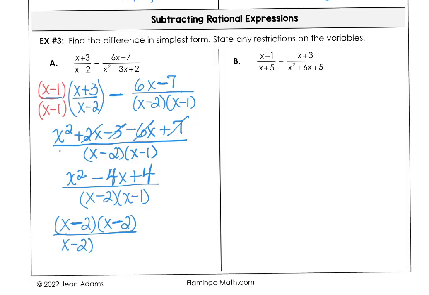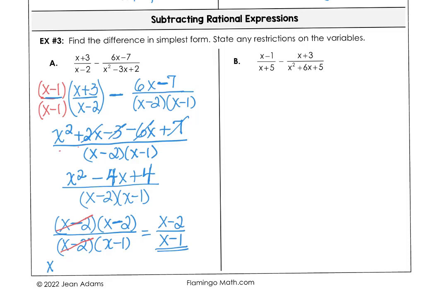And we have a common factor in the top and the bottom, so we can simplify by removing that common factor. And what do we have there then? We could have x minus 2 divided by x minus 1 is our simplest term.